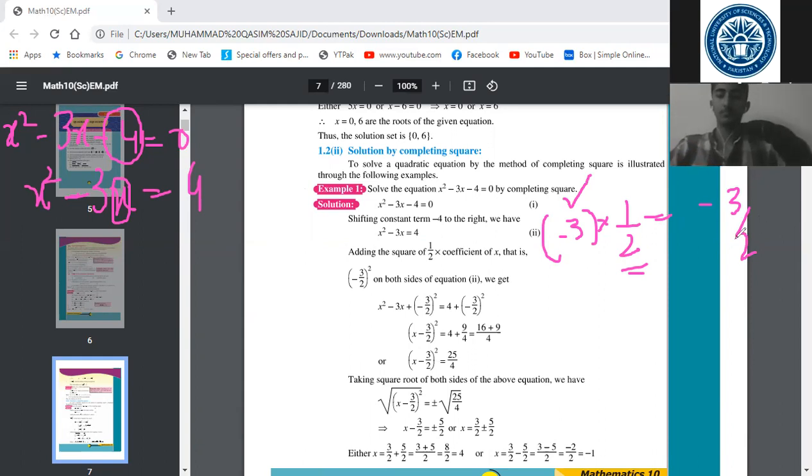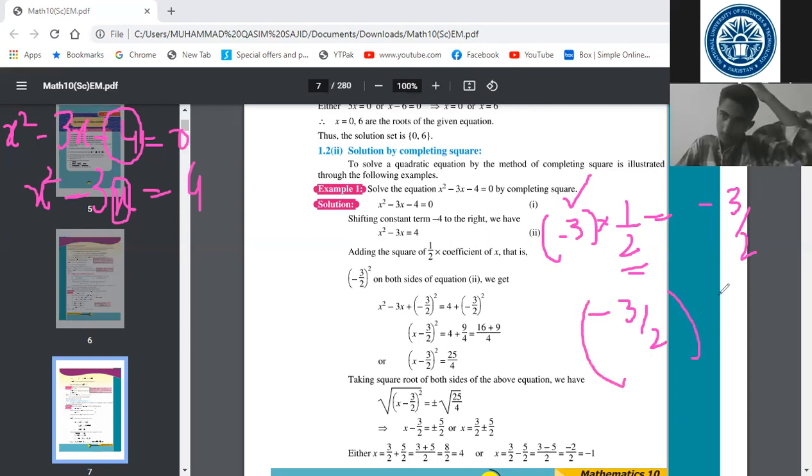So now the second step is taking the square of it. Taking the square of it means its value equals to minus 3 upon 2 whole square. Now this is basically the most important part of completing the square, how to find this value.